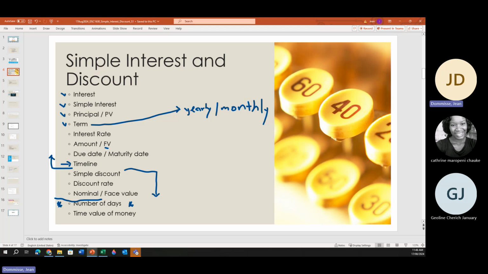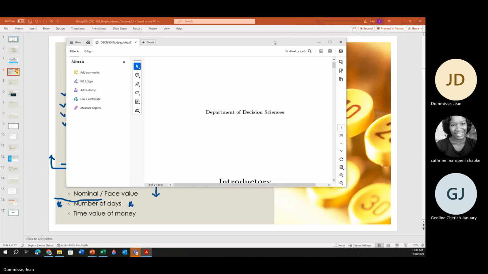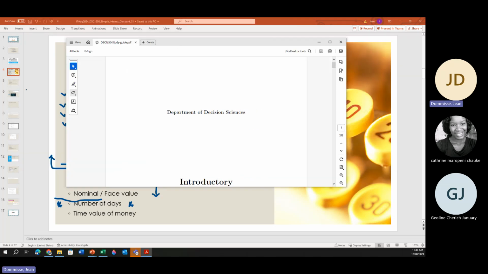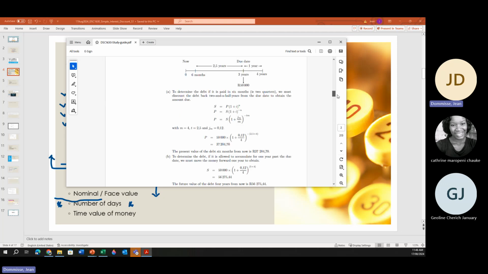I just want to quickly check if I have the study guide on my laptop that I can quickly show you guys. Let me just quickly show you so that you have a view of it.